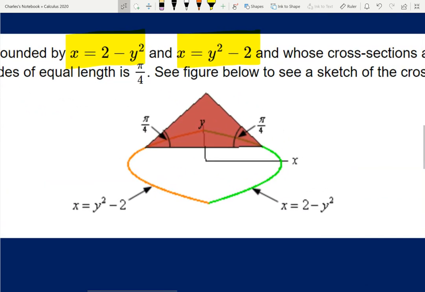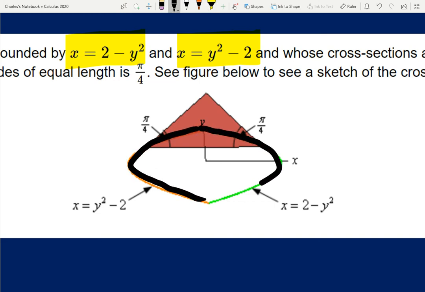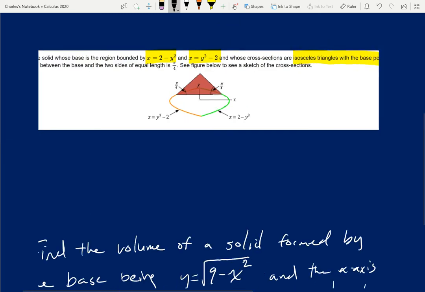Okay, so I'm not going to do this one. You can already tell that it's complicated, but what it's telling you is that this is the base formed by these sideways parabolas, and you're going to get an isosceles triangle, and you're going to get infinitely many, and that's going to give you a 3-dimensional shape.